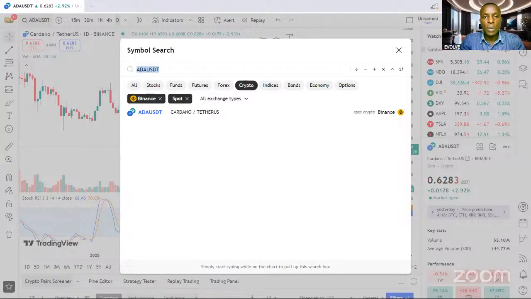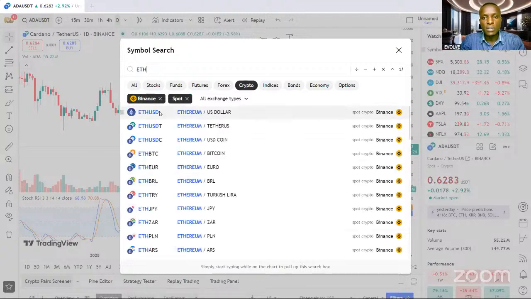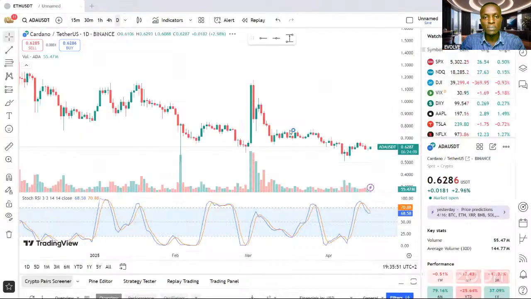I'm going to search for Ethereum. Ethereum on Binance, spot market. So you can see Ethereum USDT is here. This one here, spot market, Binance. This is the one I want, so I open it.